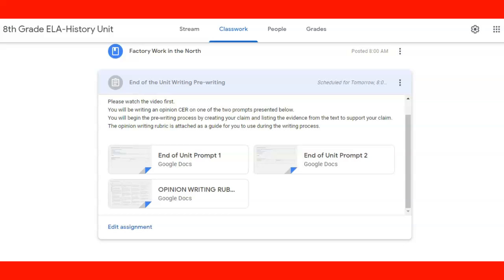Today, it's about you writing a clear claim and finding that evidence that's going to back up your claim. You need to decide, am I going to write about unit prompt 1 or am I going to write about unit prompt 2? And again, creating your claim, finding that evidence.